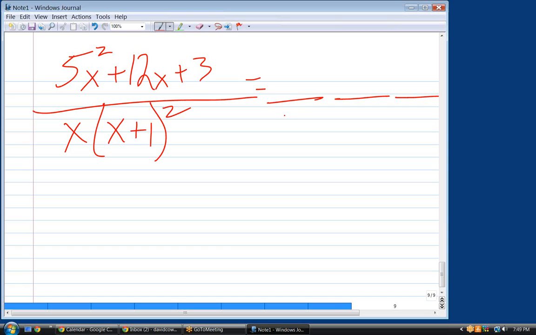Would it just be x, and then x plus 1, and then another x plus 1? Another x plus 1 squared. Notice that if I had these 3 denominators, the lowest common denominator would be this over here. It would not be that times that times that. And that's why you have to do it this way.